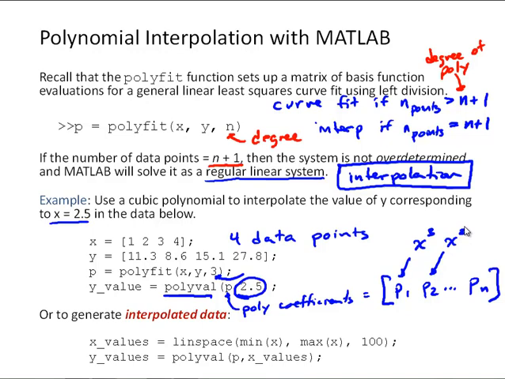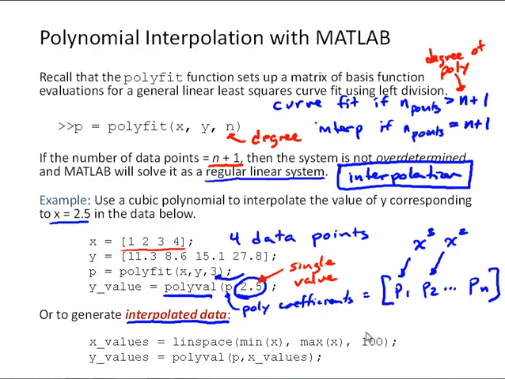Another thing that we'll do sometimes is generate interpolated data. So instead of just finding data at a single value of 2.5, maybe we have data for 4 values here, but maybe we want to generate data, say 100 points in between those 4 values.